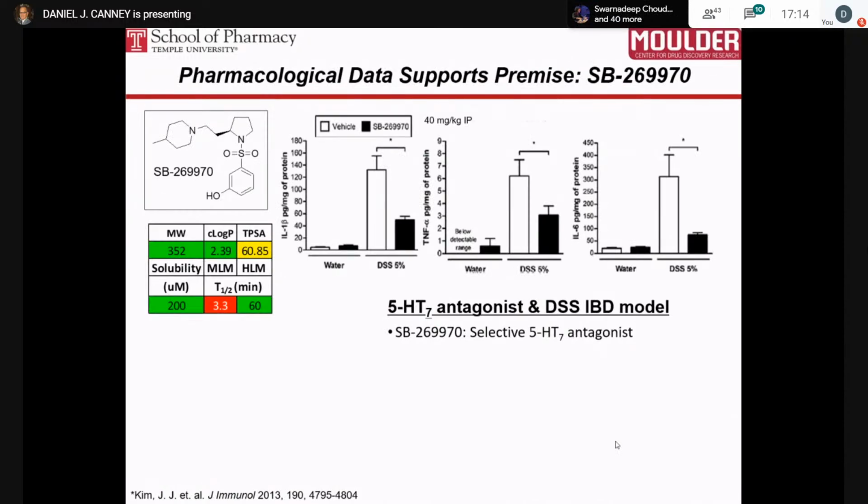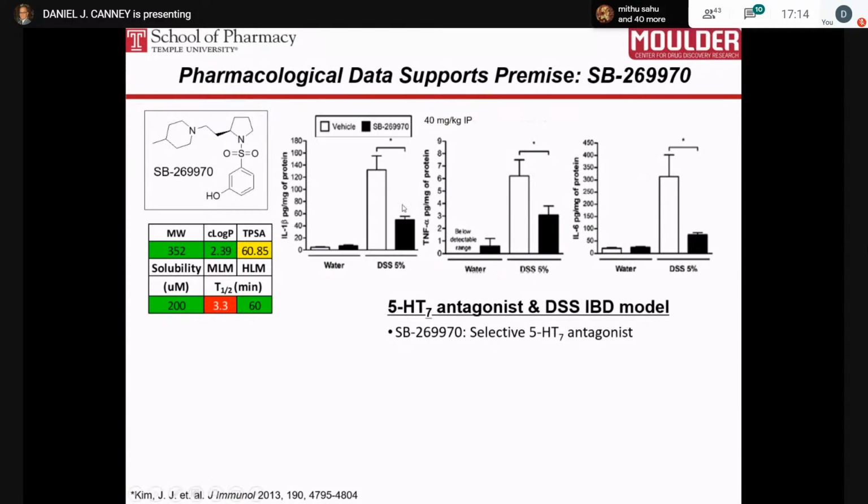And then finally, they did a 5-HT7 antagonist. This was one that was available for many years, I think it was SmithKline Beecham that reported this 5-HT7 antagonist some years ago. It's a fairly selective antagonist, and they used it in the same DSS model.